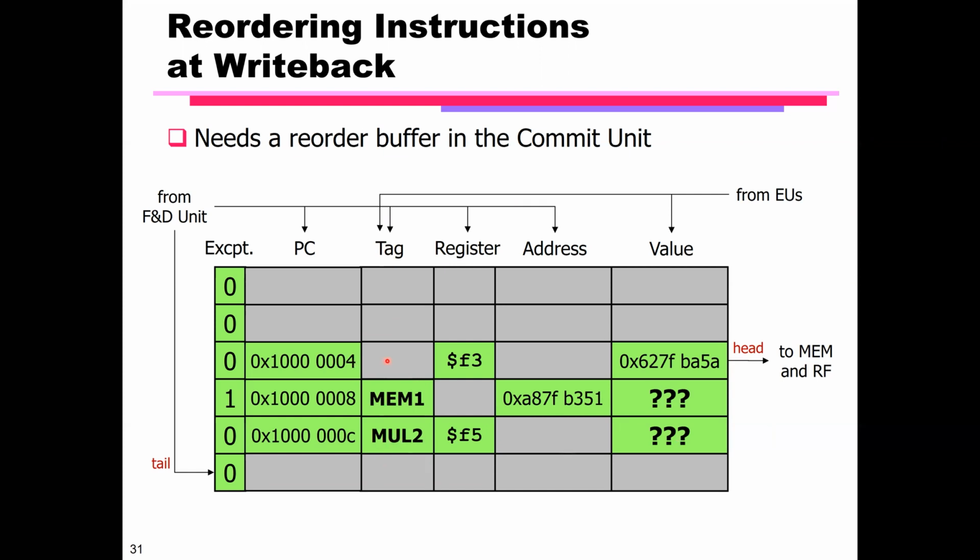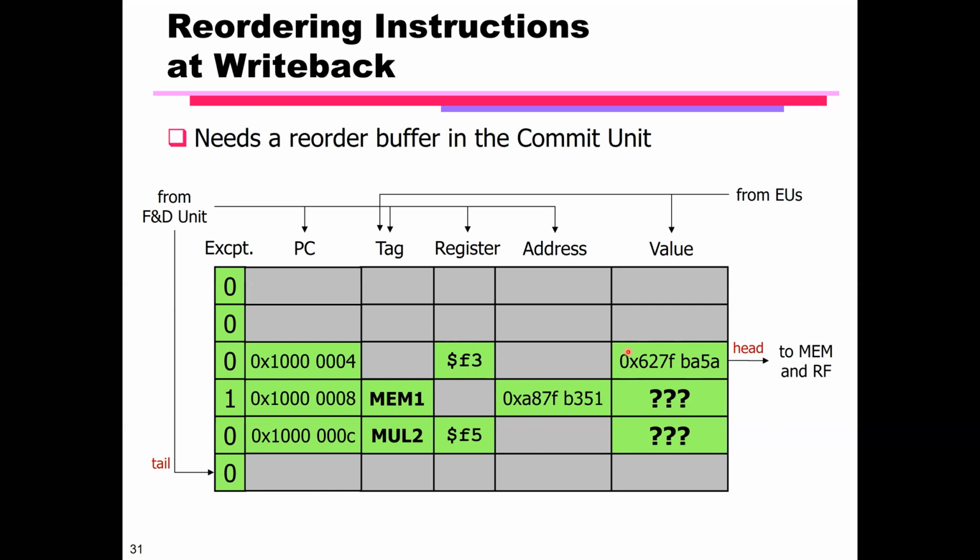So in this first instruction, there is no tag anymore because it has been executed and the value is now in the reorder buffer. Whichever instruction it was, and whenever it was executed, this instruction resulted in a new value for F3, and this result is this value here.